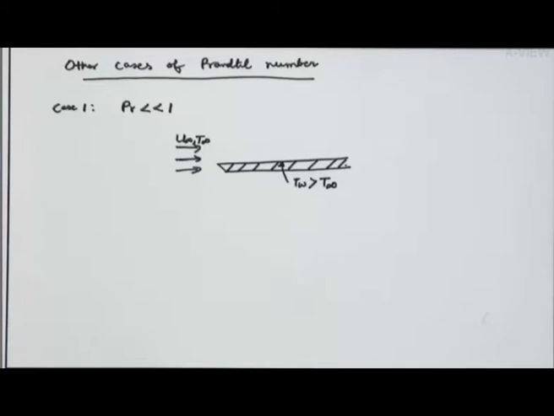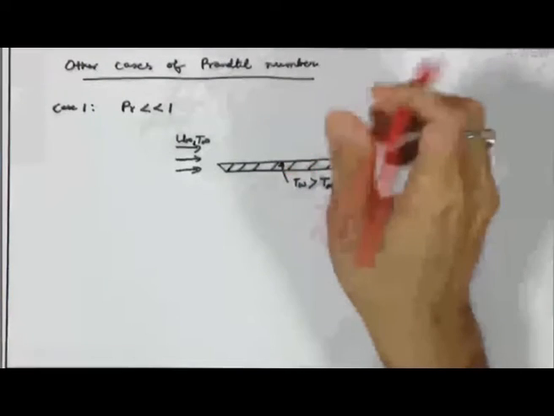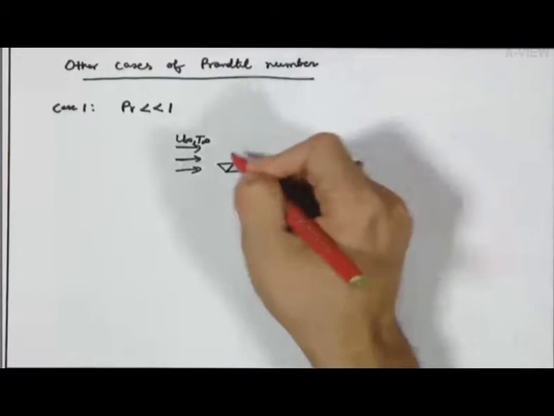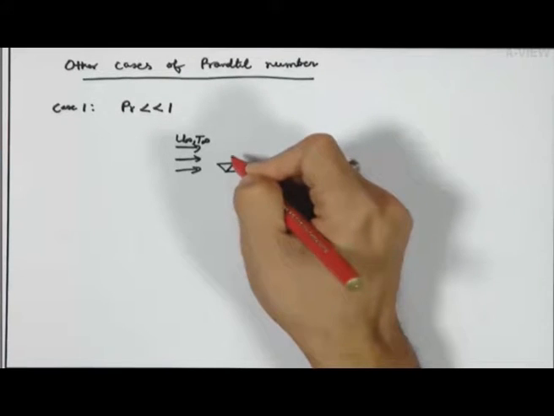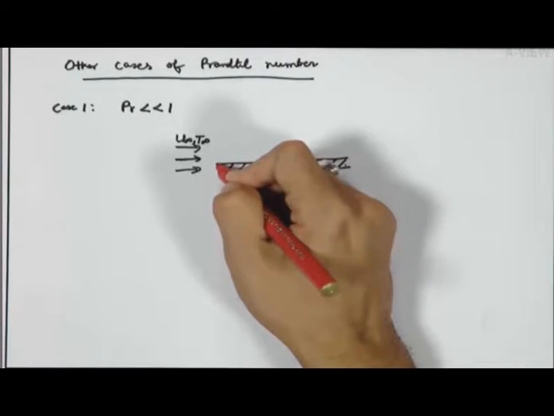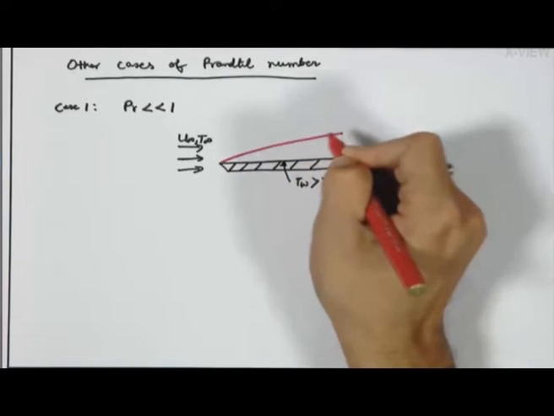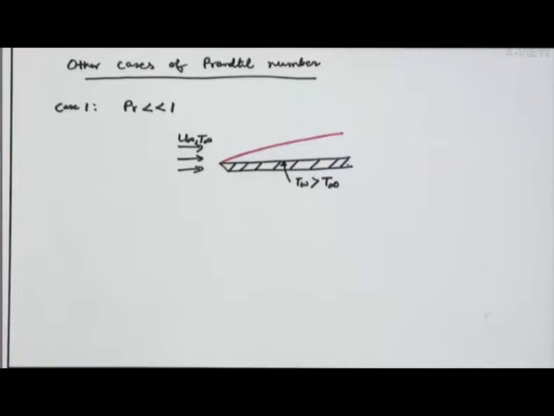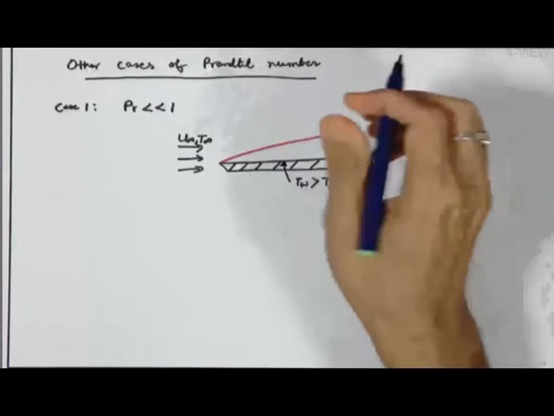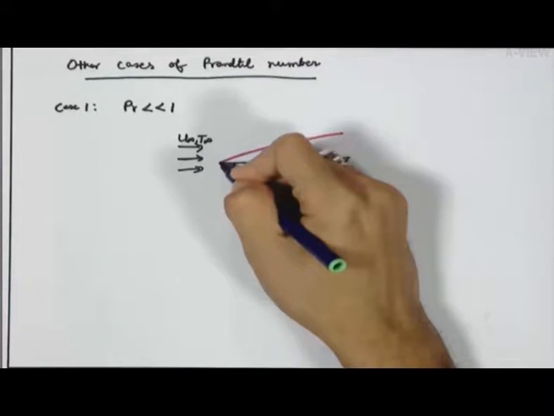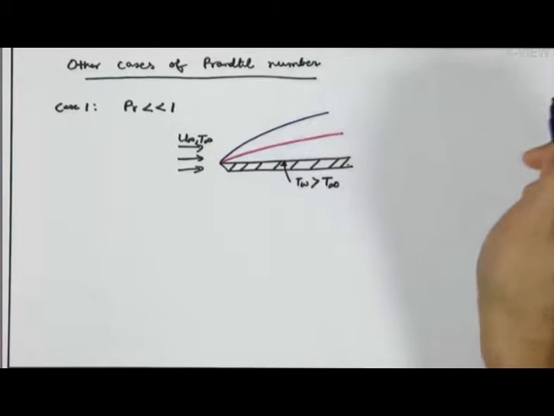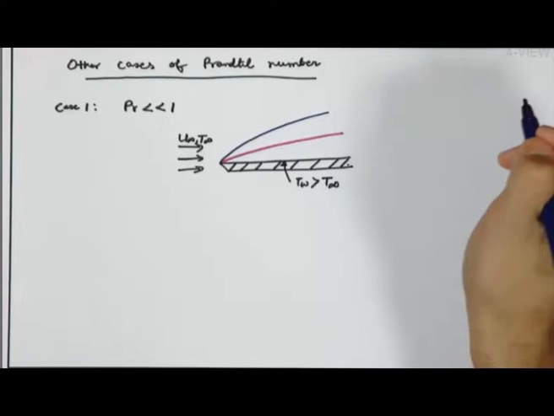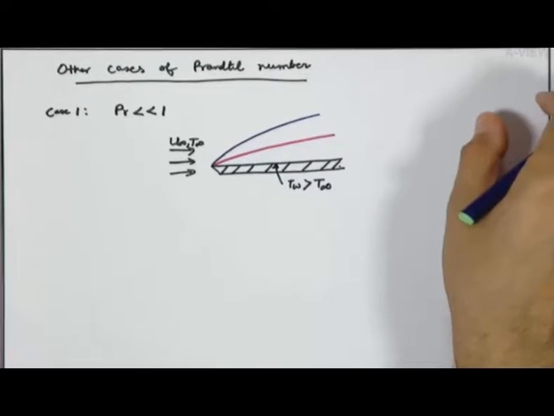So, now the hydrodynamic boundary layer will grow and the thermal boundary layer will also grow. At a given location, what can we say about the relative thicknesses of these two boundary layers?